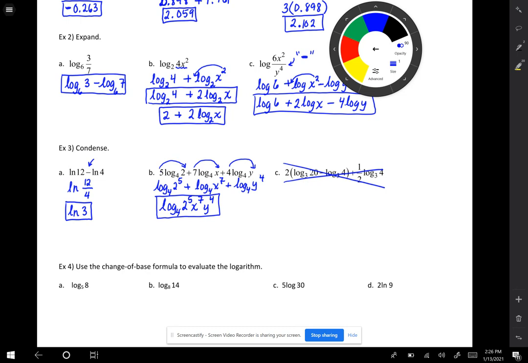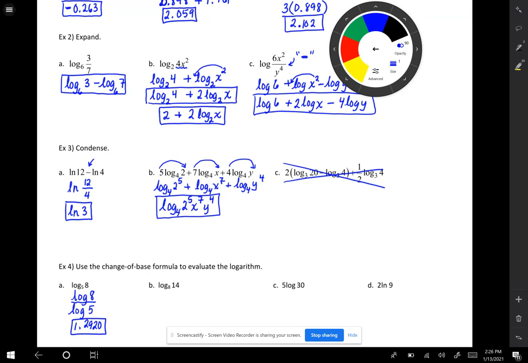The change of base says you take log of 8 divided by log 5, always the bigger number divided by the smaller number. So you punch in log 8 in your phone calculator and you get some decimal, divided by log 5, and you're going to get an answer of 1.2920.